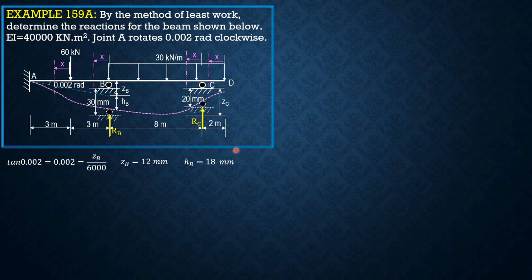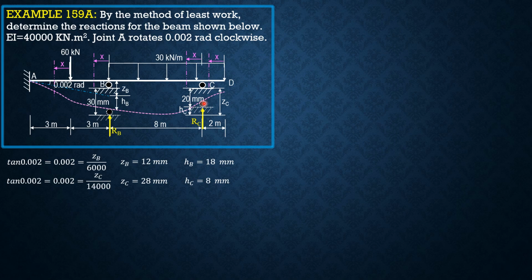Then let's call that G sub C. Tangent of 0.002 is 0.002 equals G sub C over 14 meters or 14,000 mm. So G sub C is 28 mm. And since this is the final position of the support C, therefore the displacement H sub C here is 28 minus 20, so H sub C is 8 mm.